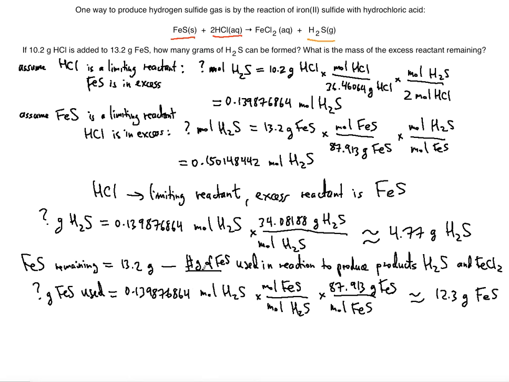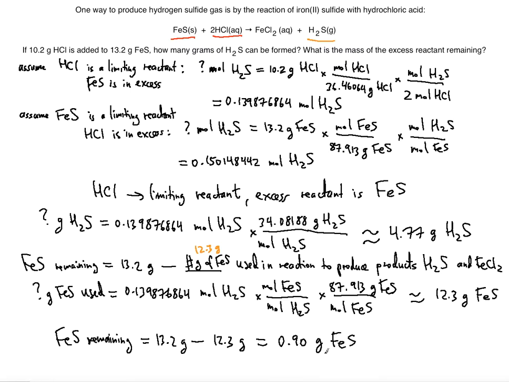Alright, so we found that, and that is here. 12.3 grams. So now we're going to subtract that from the original. So FeS remaining is equal to 13.2 grams minus 12.3 grams, which is equal to 0.90 grams of FeS.